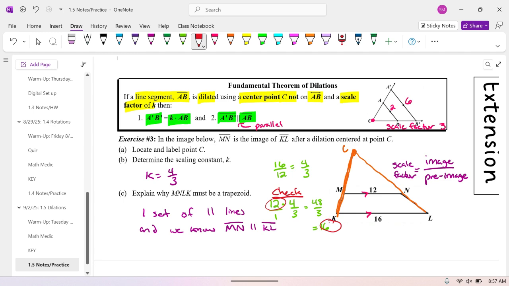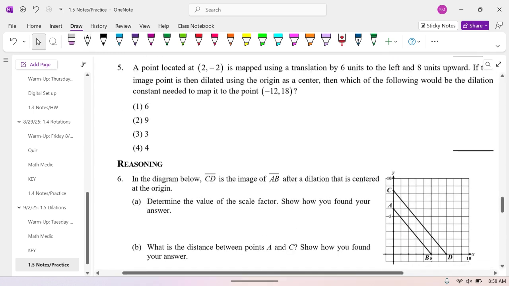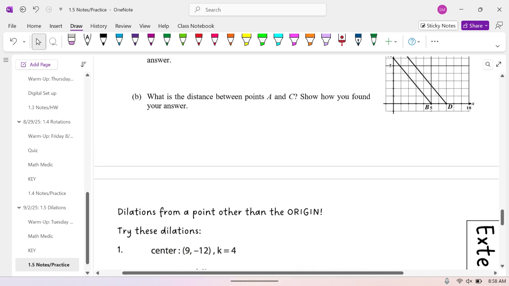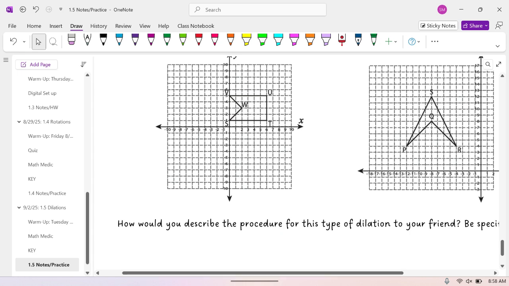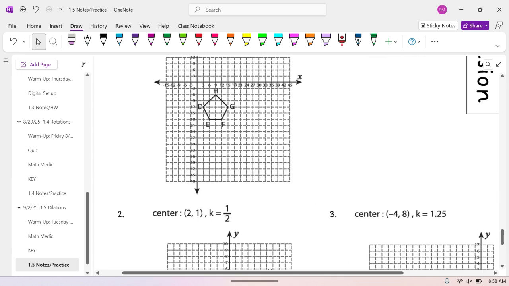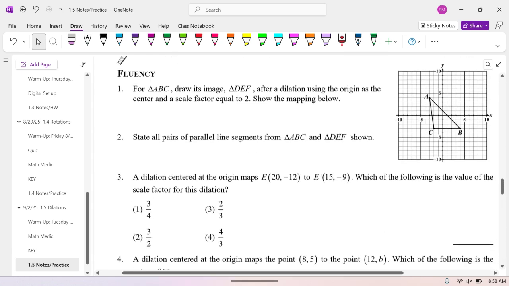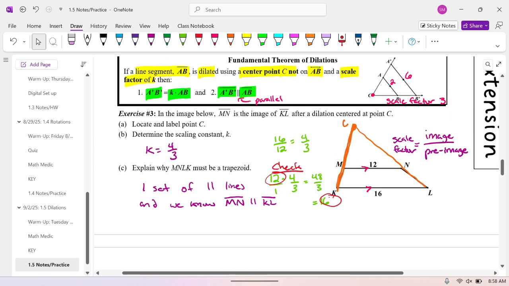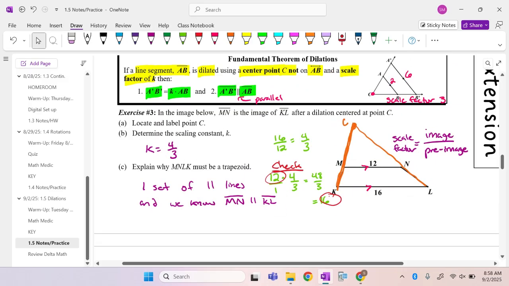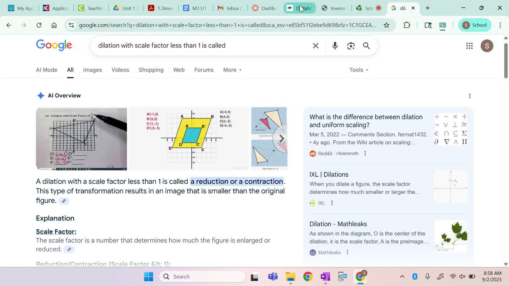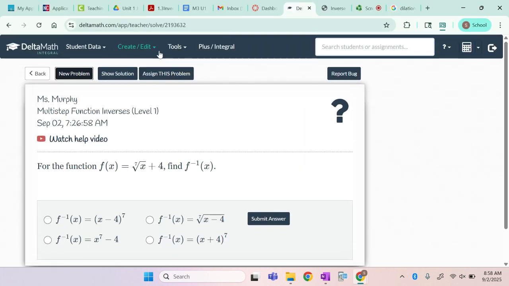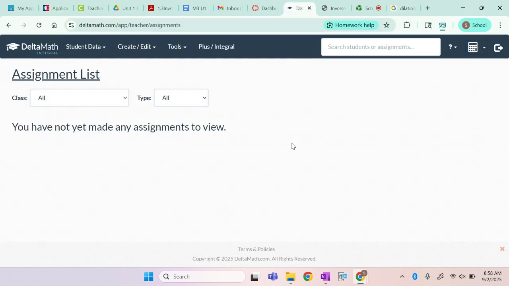All right. So your homework for tonight is pages 23, 24. Is that correct? Yeah, 23, 24. So in other words, you're finishing up that packet. Now, one other thing. This is not due until Friday by midnight, but there is a Delta Math for you guys. That's not your Delta Math. That should already be assigned to you.